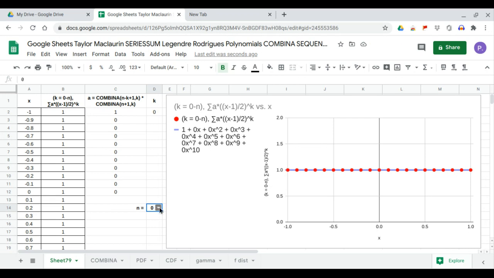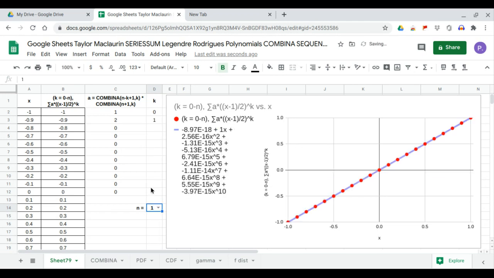So at n equals 0, the value of y equals 1. At n equals 1, the value of y equals 1x. So it's a line with a slope. All these are 0.